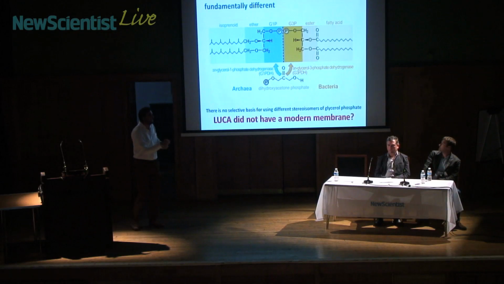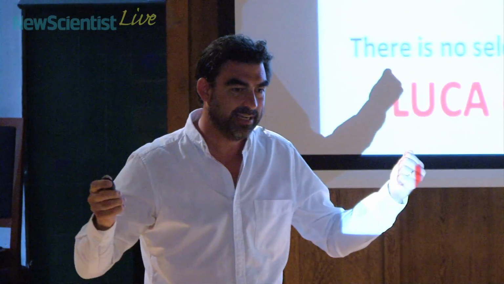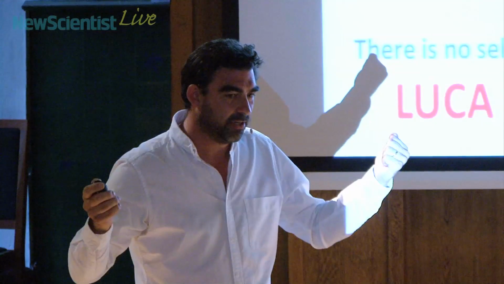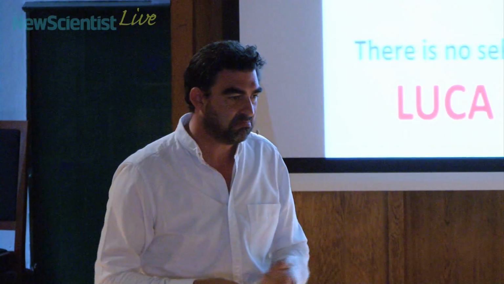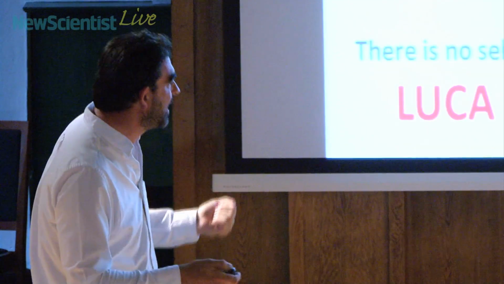This is a hydrophilic head group that allows it to form a double membrane layer, but it's a different stereoisomer. And again, that raises the question, there seems to be no selective advantage to having one or the other stereoisomer there, but they've come up with it independently and differently. So again, it looks as if the last common ancestor did not have a modern membrane, whatever that might mean.